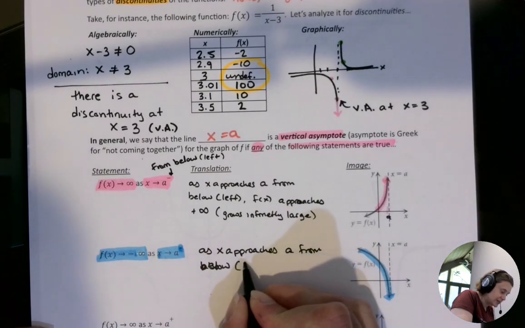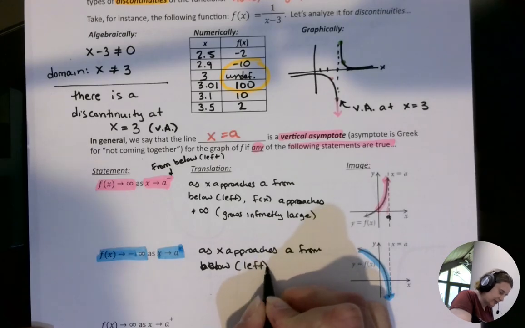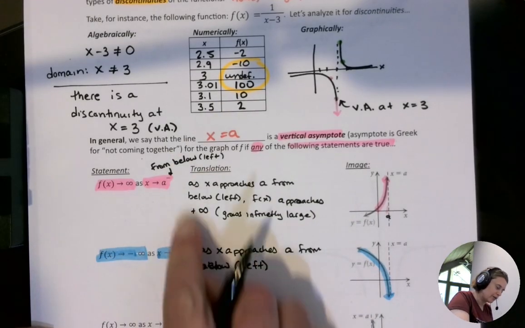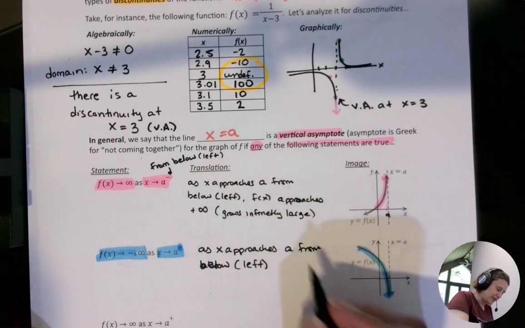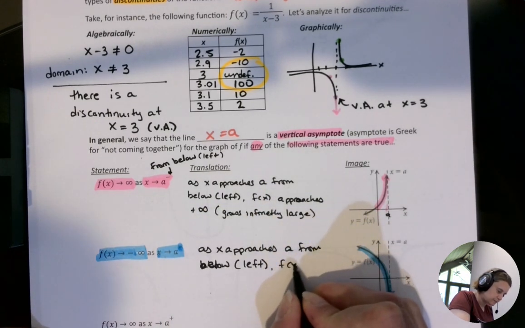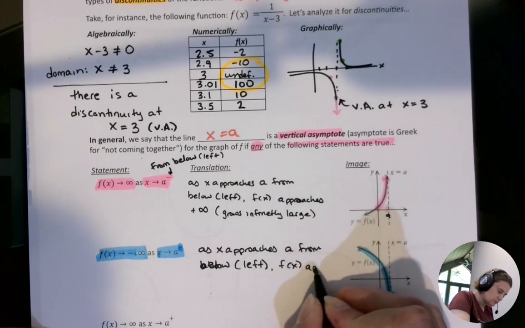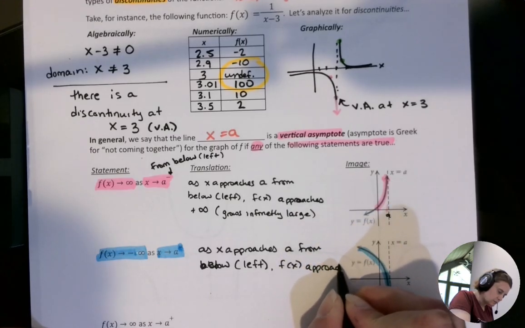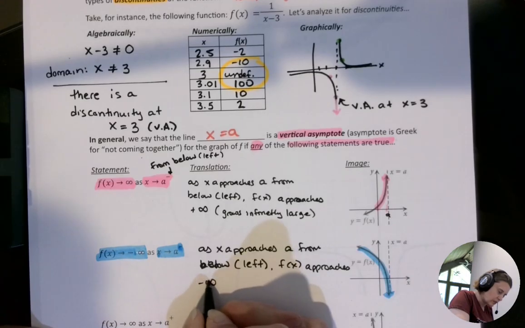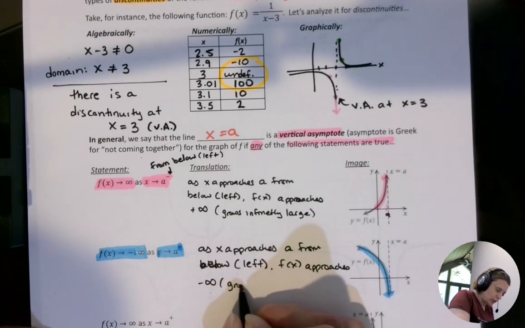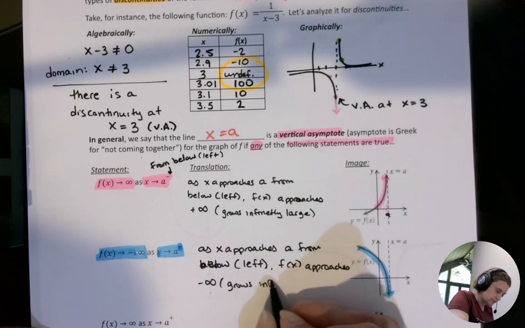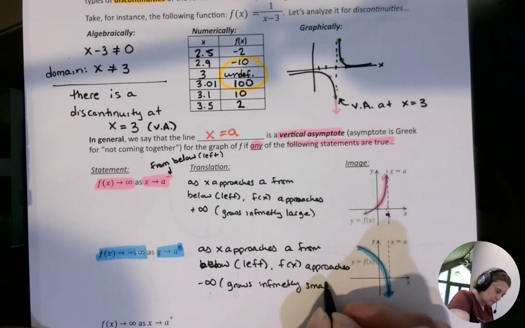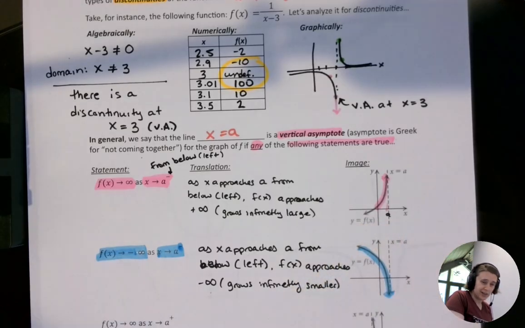So again, we are still on the left-hand side for these first two. We're approaching from below. This time, f of x approaches negative infinity, and that is to say, it grows infinitely small, or large negative.